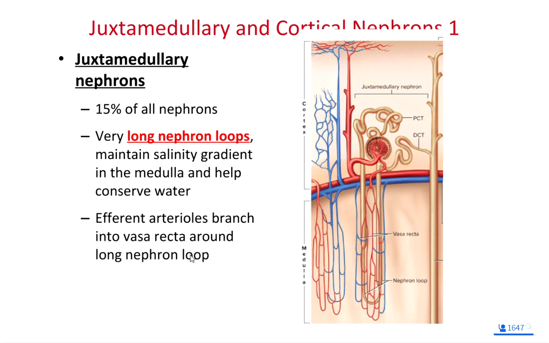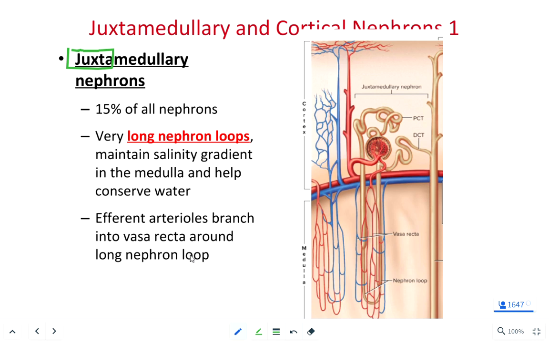So let's focus on the juxtamedullary nephron. As we look at our juxtamedullary nephrons, juxta is a word that's associated with the word juxtaposition or juxtaposing. When you juxtapose something, you are taking one idea or one concept, either physically or metaphorically, and you're exposing it to 2 different things.